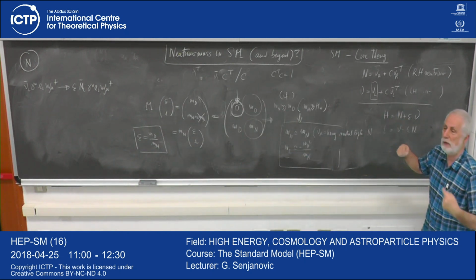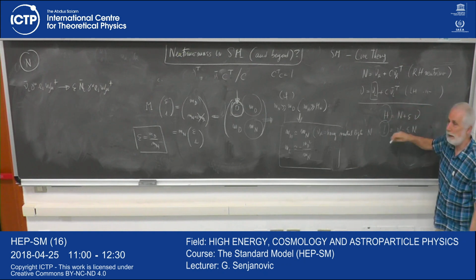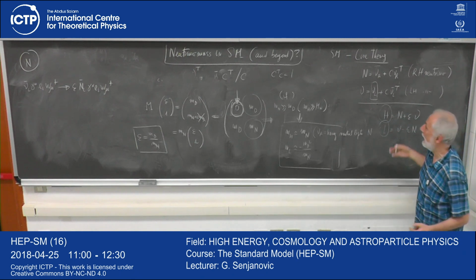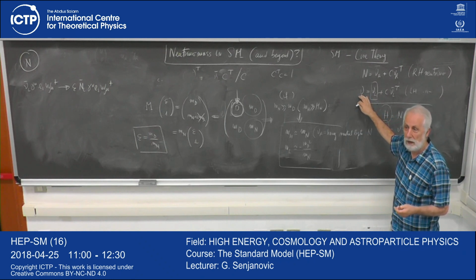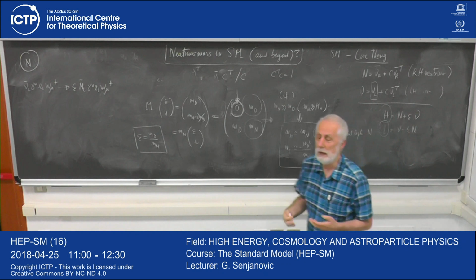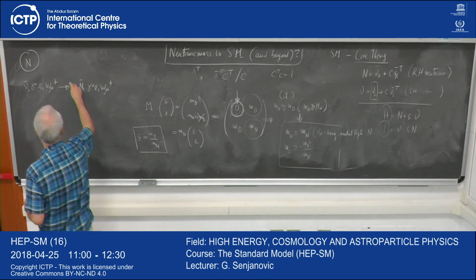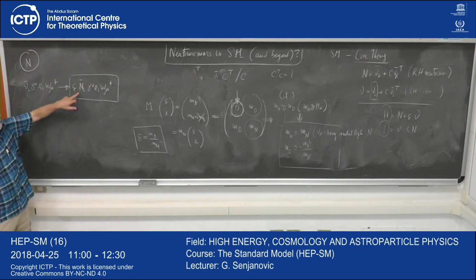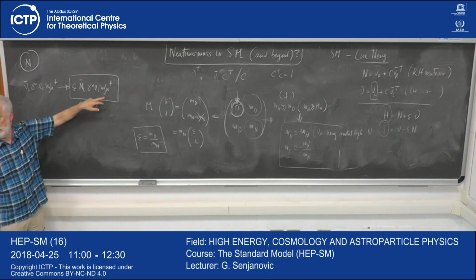I want you just to keep in mind that there is a mixing. I should introduce heavy and light notation, but it will be hard to live with that. I keep calling this guy neutrino, but it's not an eigenstate of the mass matrix. This mixing is tiny, so most of the time I'm going to ignore it. And this is what will be interesting: if I produced N, I could identify it because it's going to decay immediately into the electron and W boson.